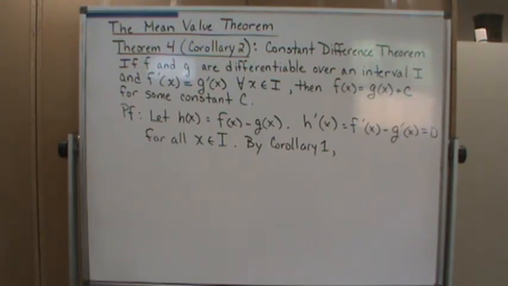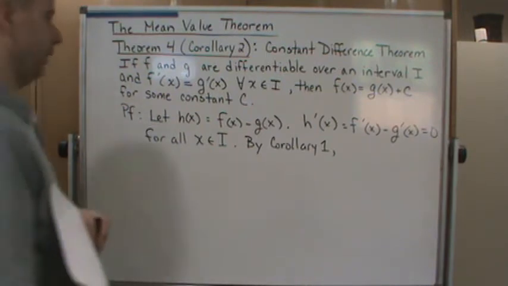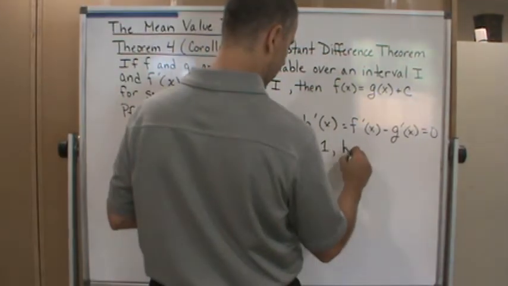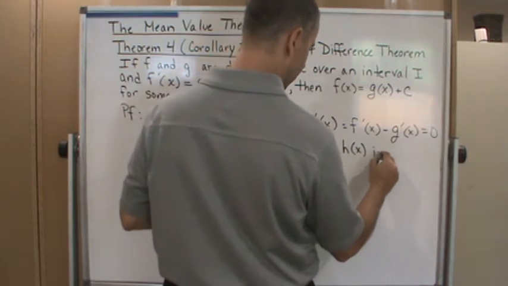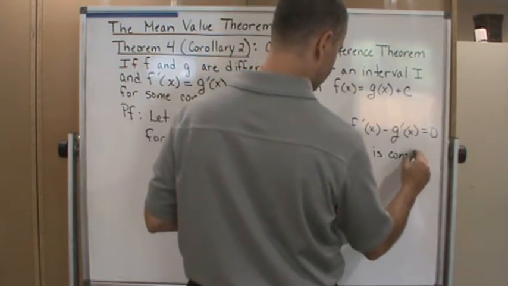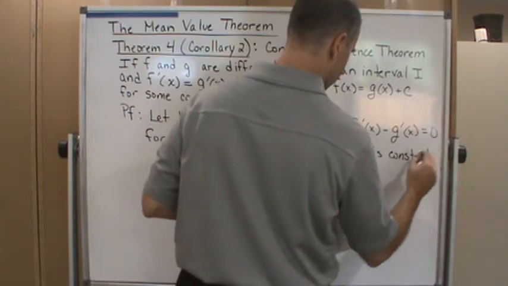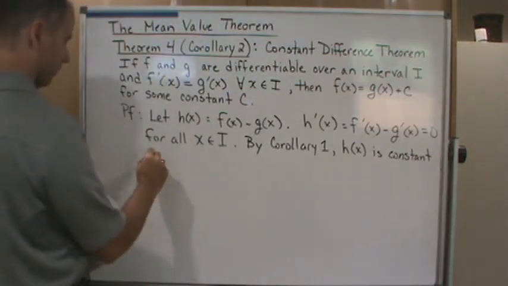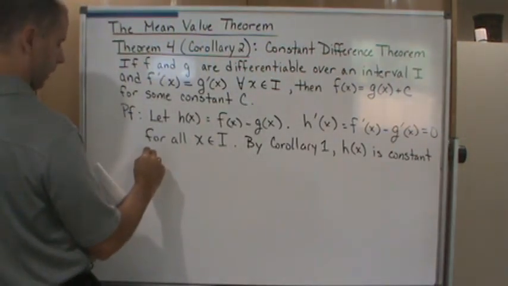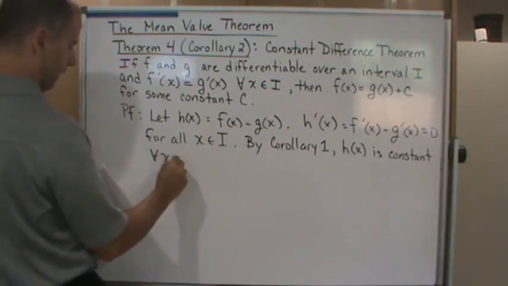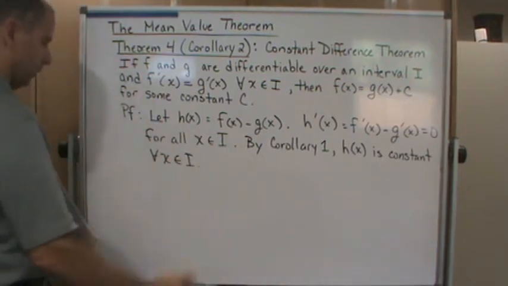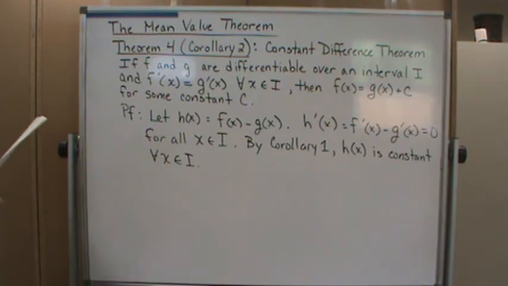Well, since h prime of x is equal to 0 for all x in I, by corollary 1, h of x is constant for all x in I.